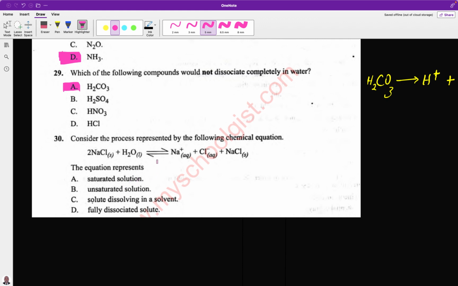A simple term to describe this type of reaction: when a solid is dissolved in a solvent and at the end we have a solution with some ions and some of the solid still left undissolved, we call that a saturated solution. That is a solution that can no more take more solid. When the solvent can no longer take more solid, the solution is saturated. So in that case, answer A is our right answer.